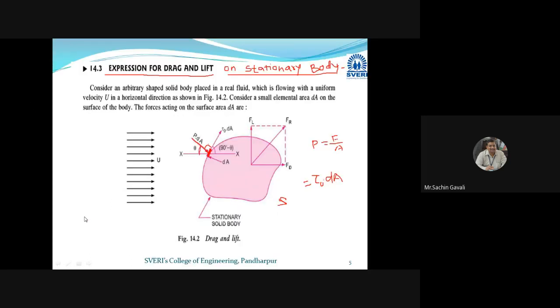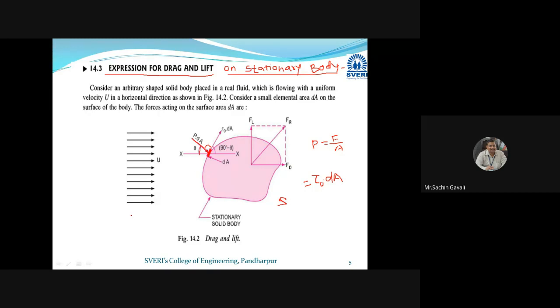Now we have to resolve these forces. One is PDA. PDA resolution will be PDA cos theta, and tau dA cos 90 minus theta. These are the only forces.